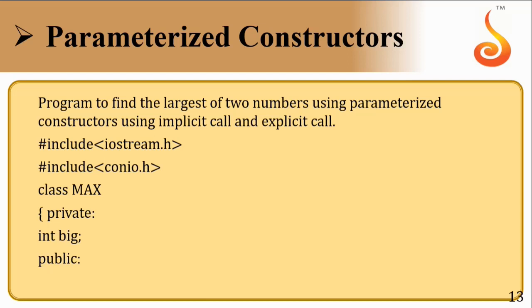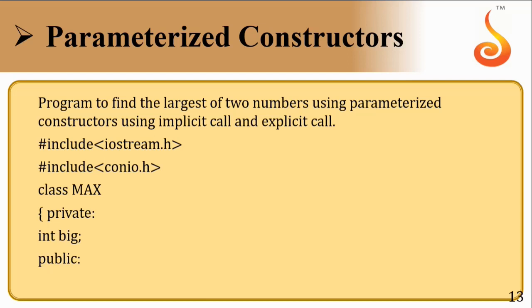#include <iostream.h>, #include <conio.h>. You have these two. Then class Max. Max is the name of the class. Everything in uppercase I have written, so you need to maintain that case throughout. Don't use lowercase, use uppercase.